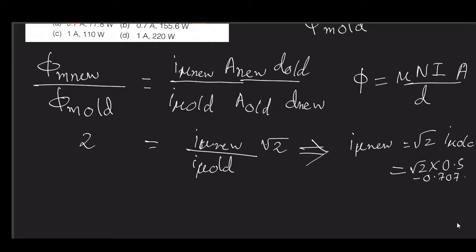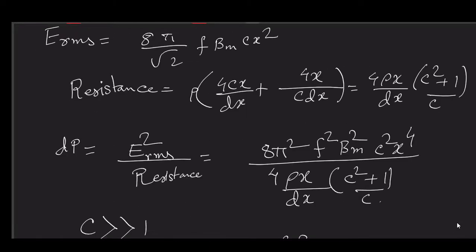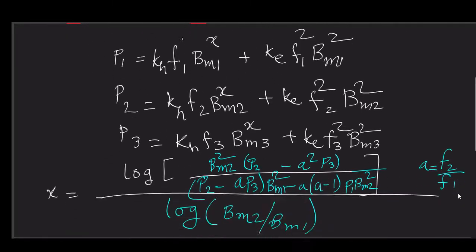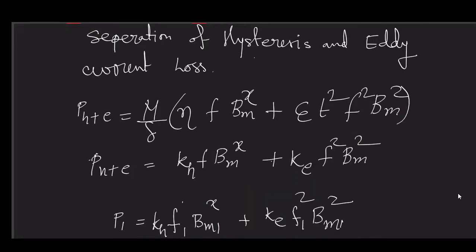In all the previous cases, if we go back, you can see here that your total core loss is proportional to this. What is m by delta?